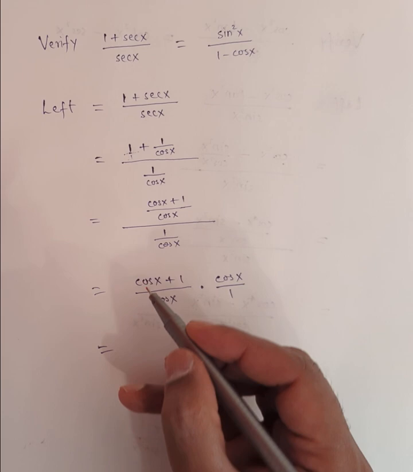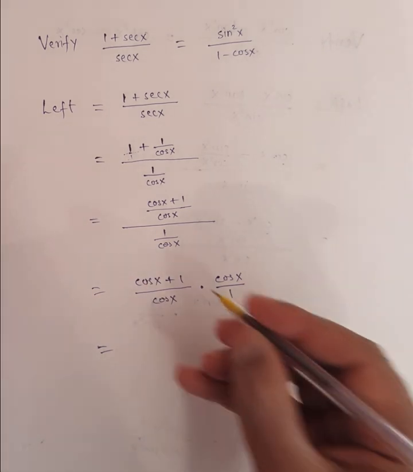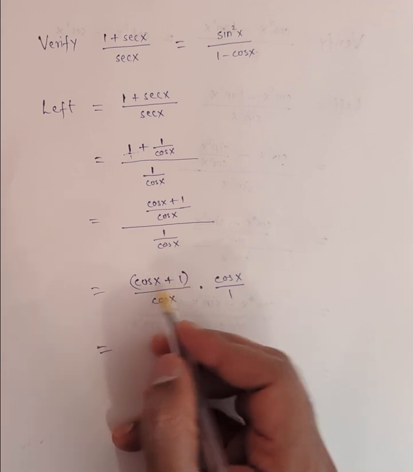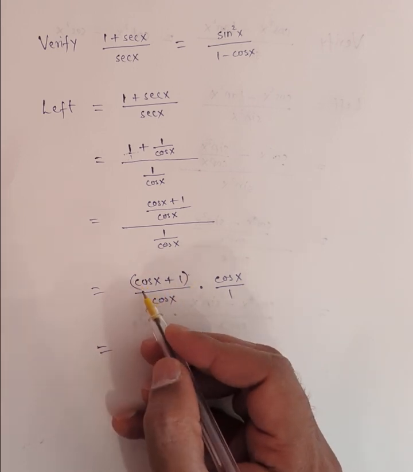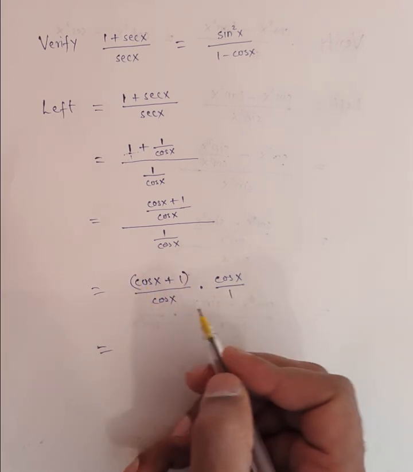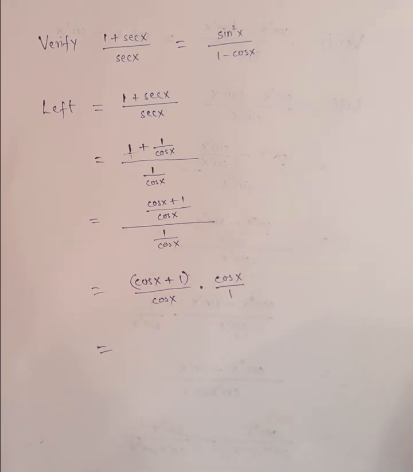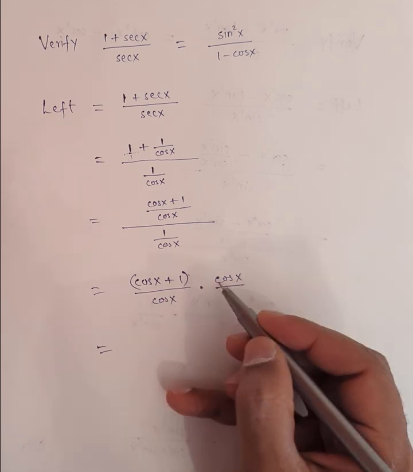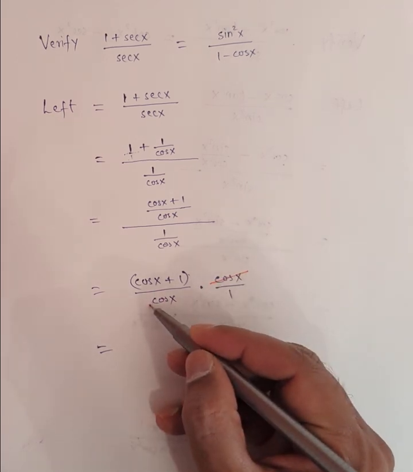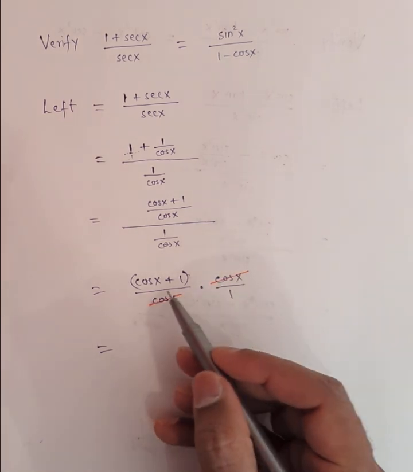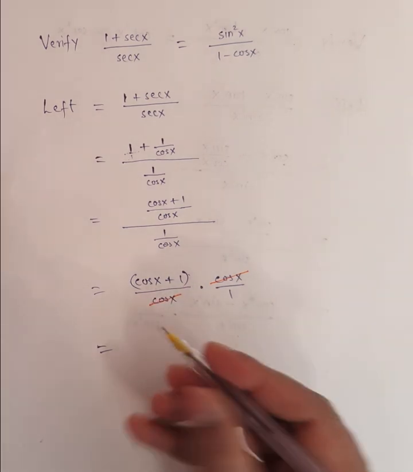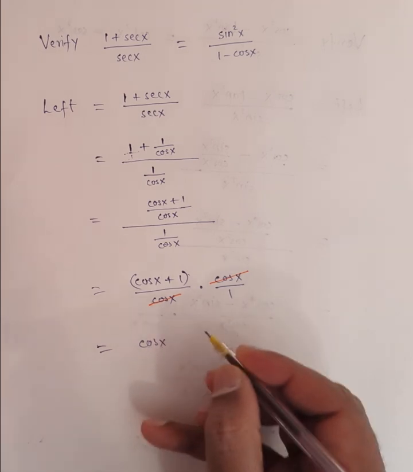So you want to see your numerator as a product of this binomial. Since it has two terms, I'm going to put them in parentheses, times cos x, and the denominator is cos x times 1. So there is a common factor of cos x in the numerator and denominator. We can get rid of that. So what I have is cos x plus 1 over 1, which is simply cos x plus 1.